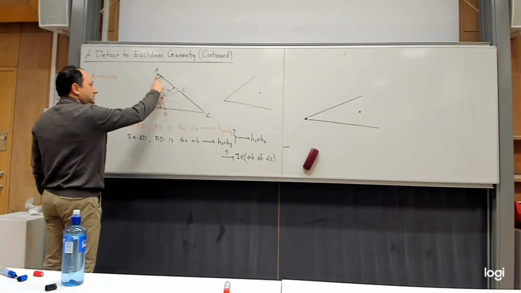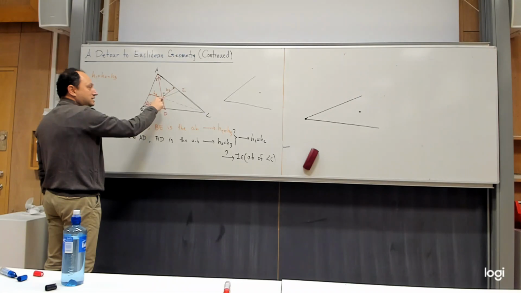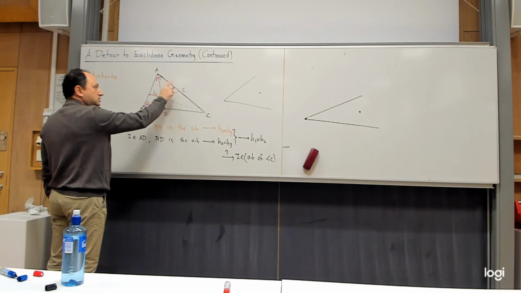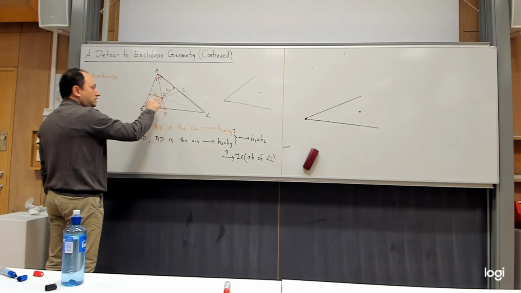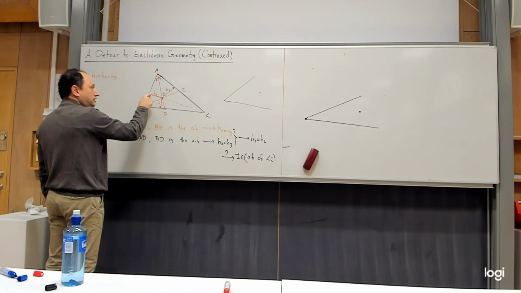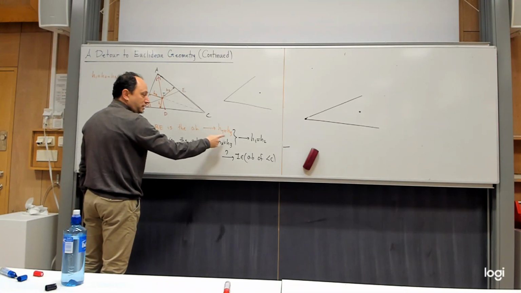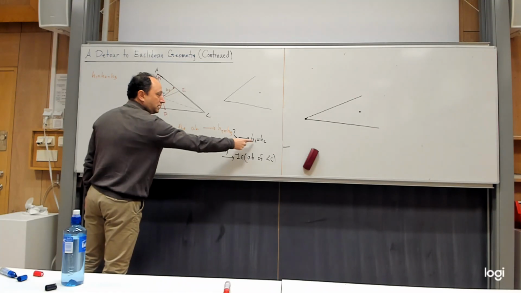So this is the bisector. I know this is an angle bisector, so the distance from I to this line and I to this line are the same. I know that this one is also an angle bisector, so the distances between here and there are the same. From logic, if they are both equal to H3, they have to be equal.